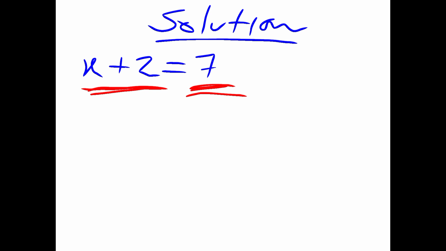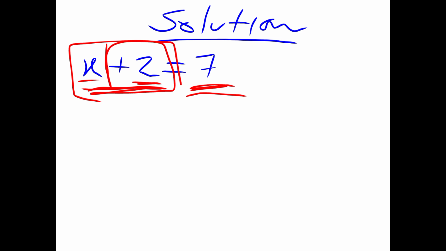You have to see here that on LHS, 2 is in addition with x. So you have to somehow eliminate this 2 from LHS. Since here it is plus 2, we can eliminate this by minus 2.